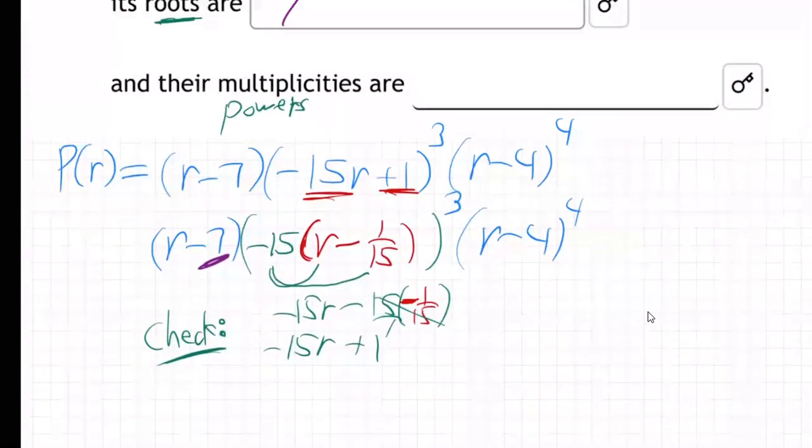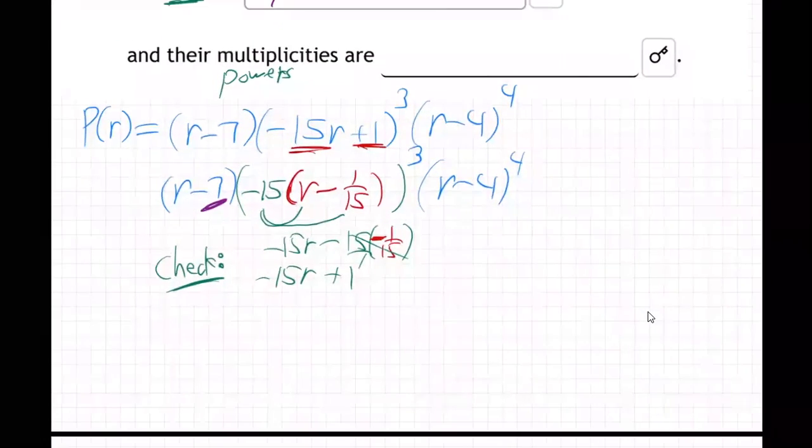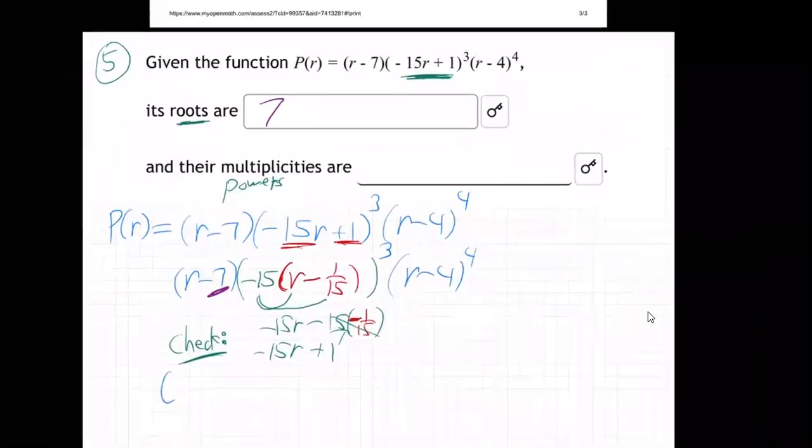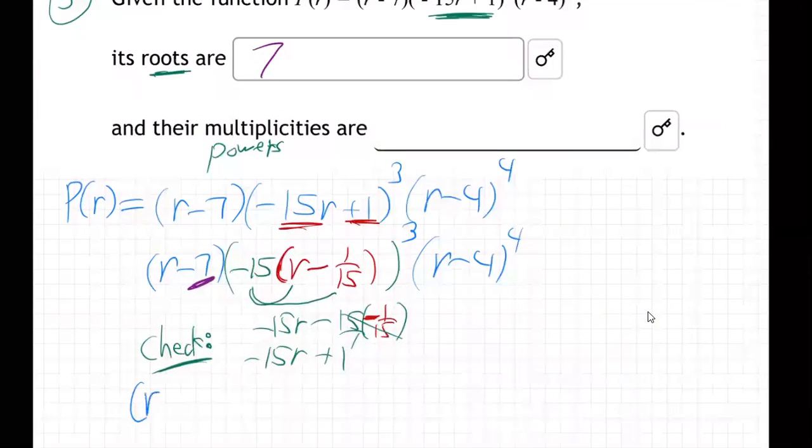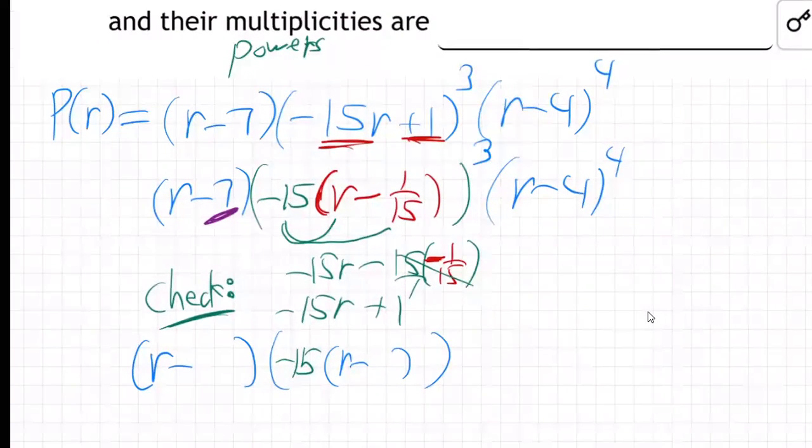So coming back here again, let me write it really carefully. I'm using R instead of X, but it's the same thing. R minus, and then we'll put our minus 15. R minus, but I'm kind of getting small in my writing.